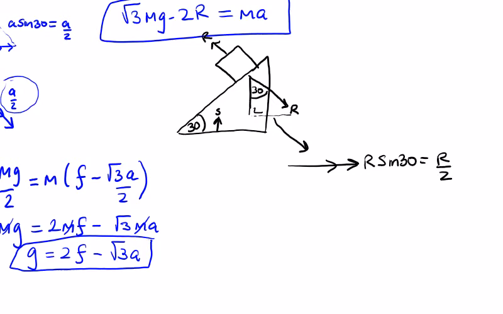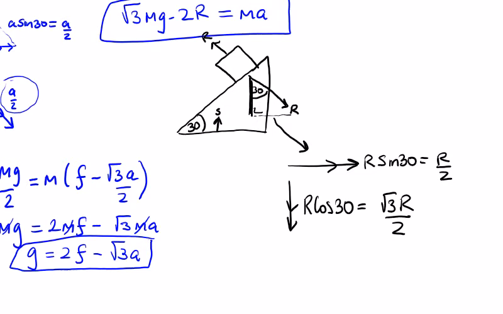And in this direction, down here, it's R cos 30, which is equal to root 3R over 2.